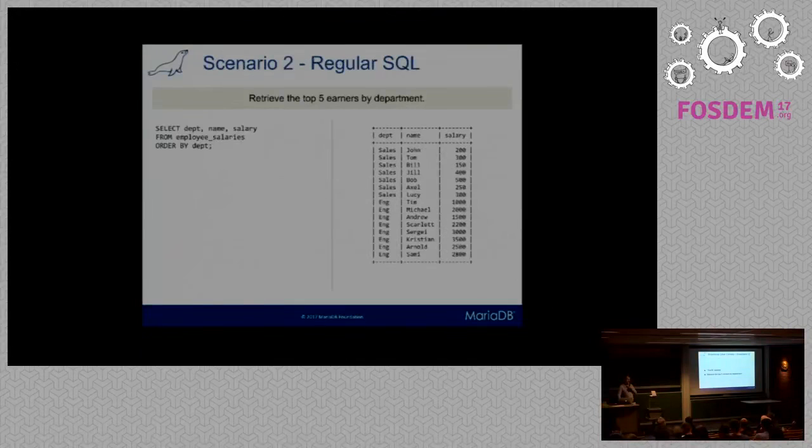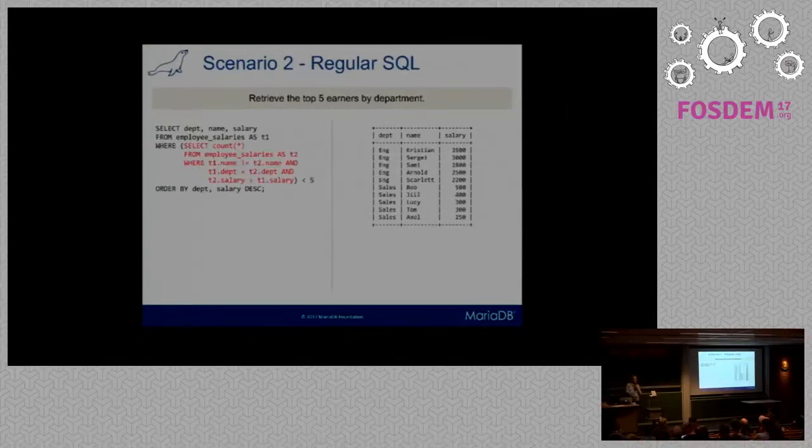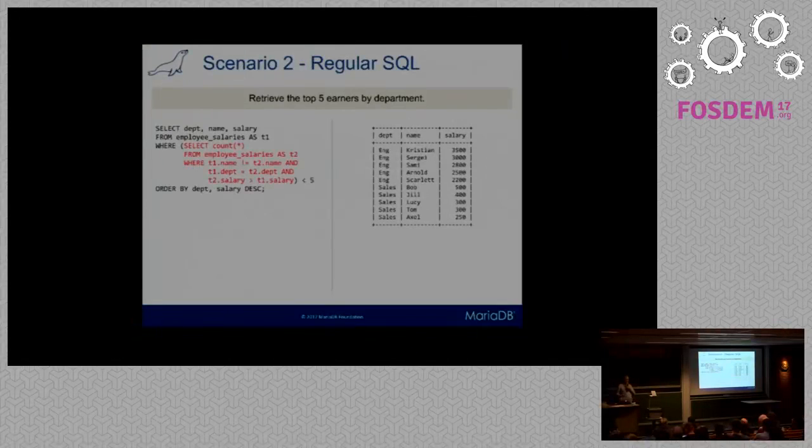Another use case is top-n queries, when you want to get the top n people from a certain data set. You can do this with regular SQL by just counting them. The expression is a bit complicated, but you can just count them.